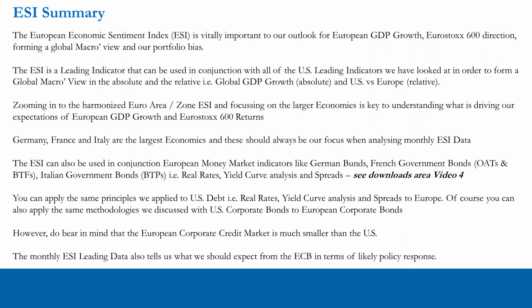The ESI is a leading indicator that can be used in conjunction with all of the US leading indicators that we've looked at so far in the video series in order to form a global macro view, both in the absolute and the relative. In the absolute, global GDP growth, and in the relative, US versus European GDP growth.